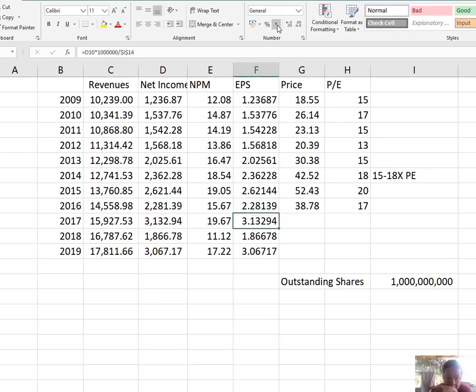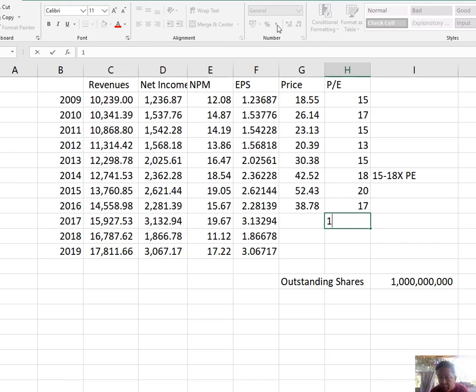But then, a funny thing happened. In 2017, tumaas ulit yung net profit margin. So, yung earnings per share naging 3.13. I'm sure tataas naman ulit si stock. No? So, yung 17, malamang hindi magiging 20 agad, no? Because fresh pa sa memory nila yung mababa yung price.